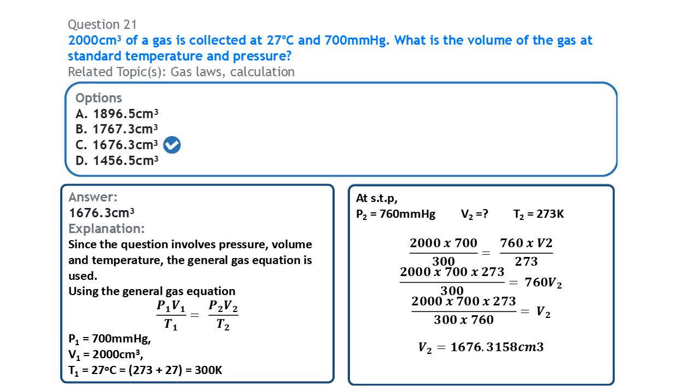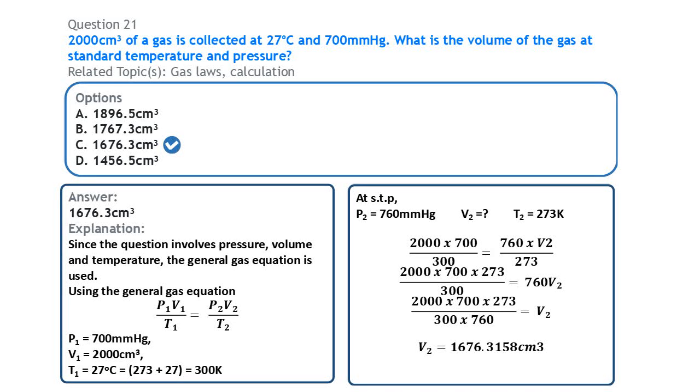So you substitute for all of these values here, and we find the value of our V2 here, the new volume. So here we have 2000 times 700 over 300 is equal to 760 times V2 over 273. You can now cross multiply. How do you cross multiply here? Just bring this 273, it is the denominator here, use it to multiply the numerator here, and use this numerator here to multiply the denominator here.